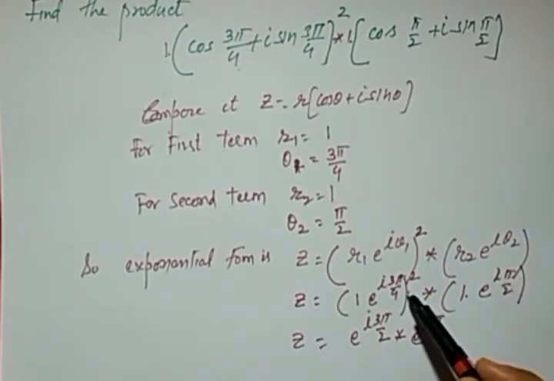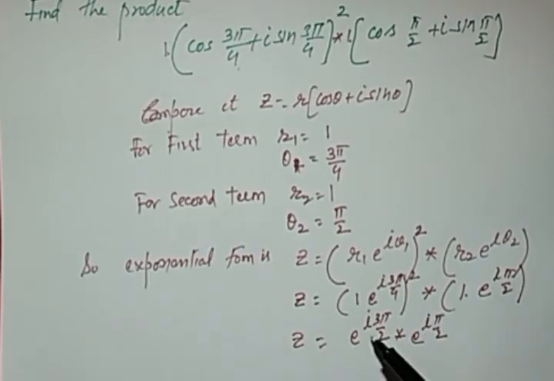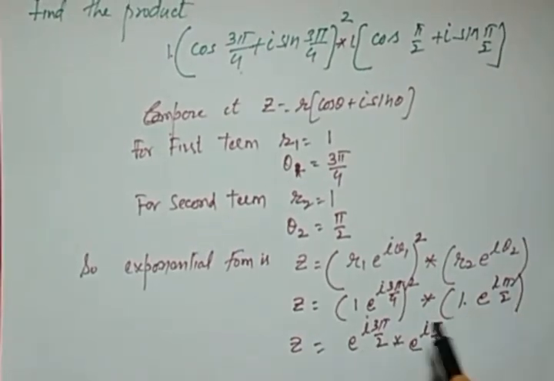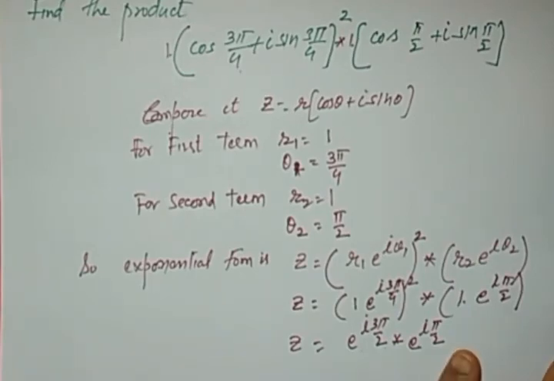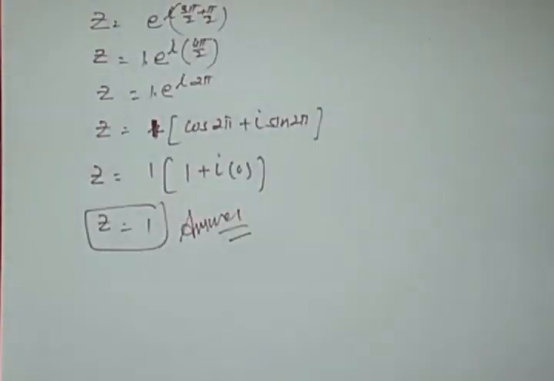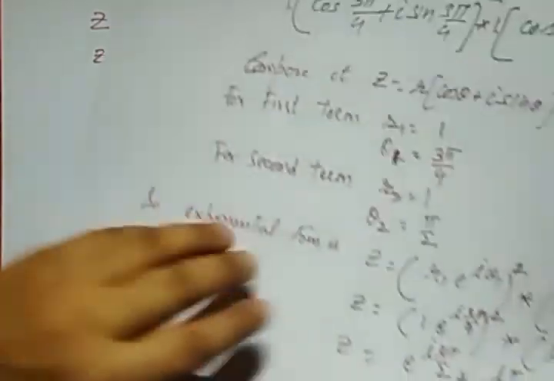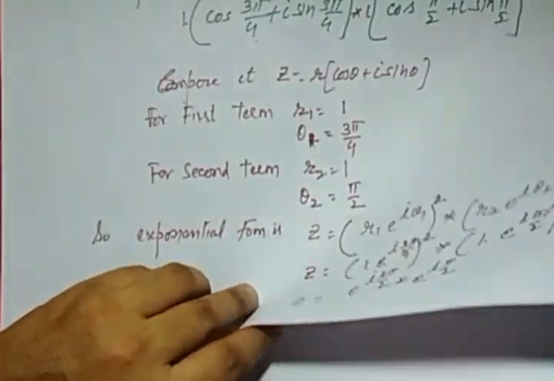So when you open this bracket, this becomes exponential i 3 pi by 2, and the second term is exponential i pi by 2. When we multiply, the powers get added. 3 pi plus pi, 4 pi by 2. So it becomes 2 pi, and we can now easily evaluate. So z is equal to 1 is our desired answer.